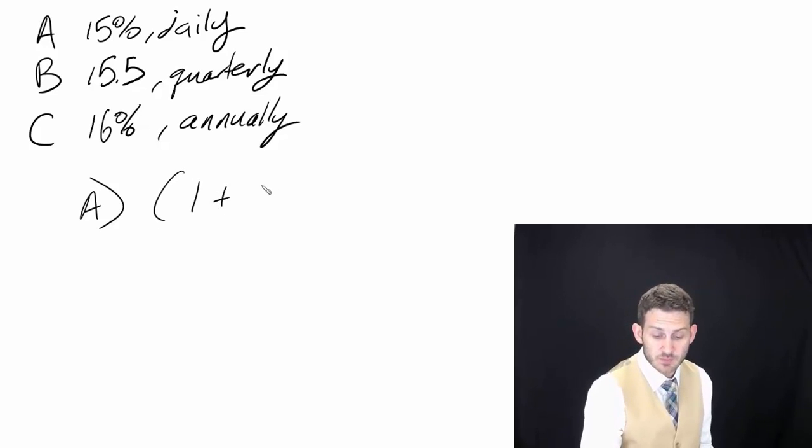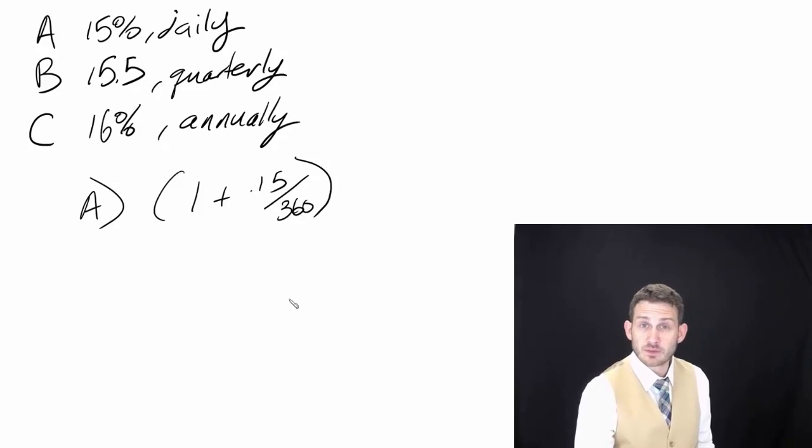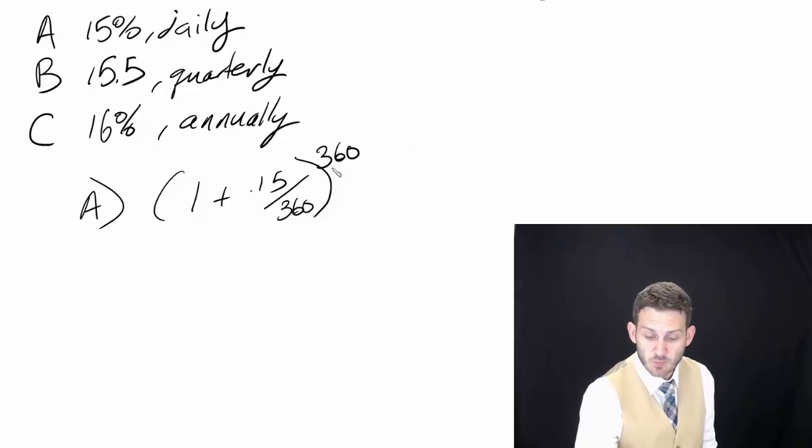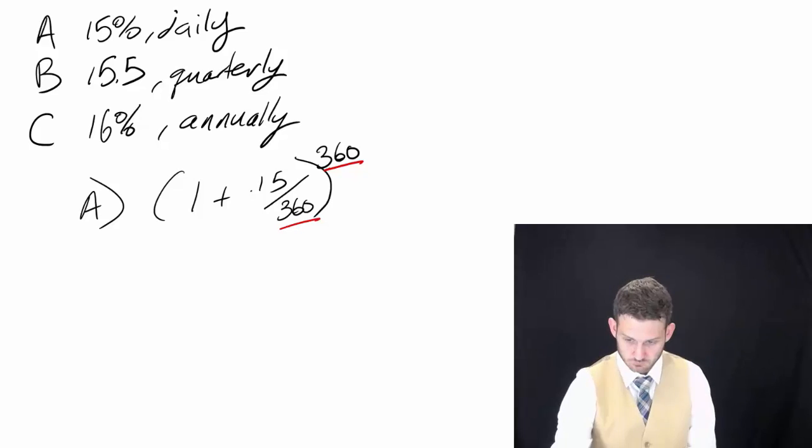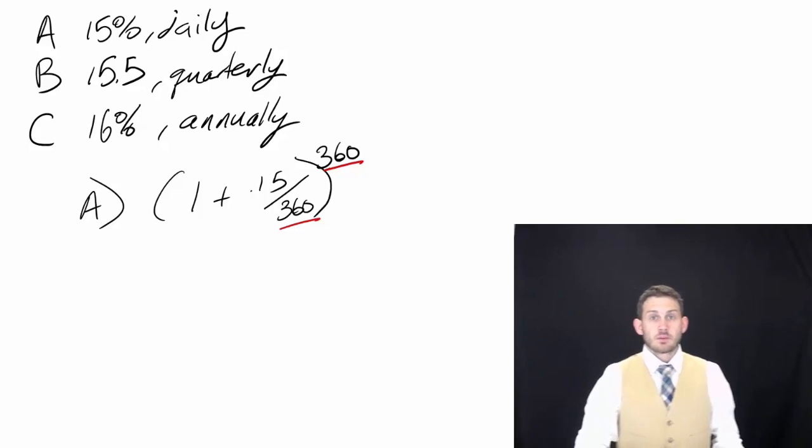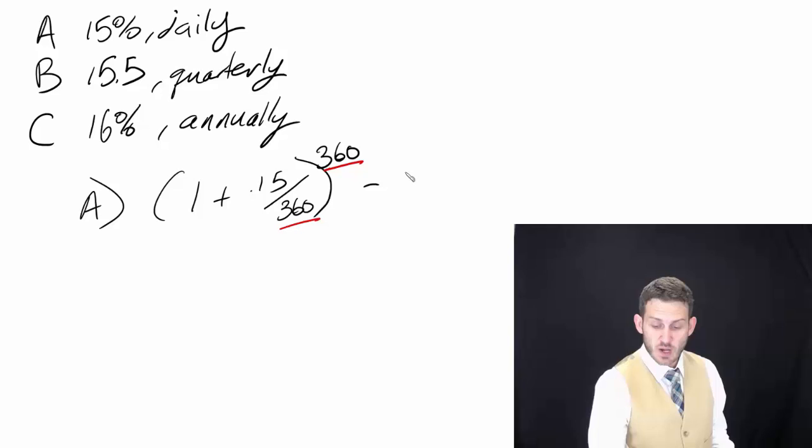We're going to say 1 plus our 15%, remember it's 0.15, not 15, divided by 360, and then it's going to be raised to which power? This 360th power. Remember that this number has to equal that number. So we plug that in, and then we subtract 1 off of it.